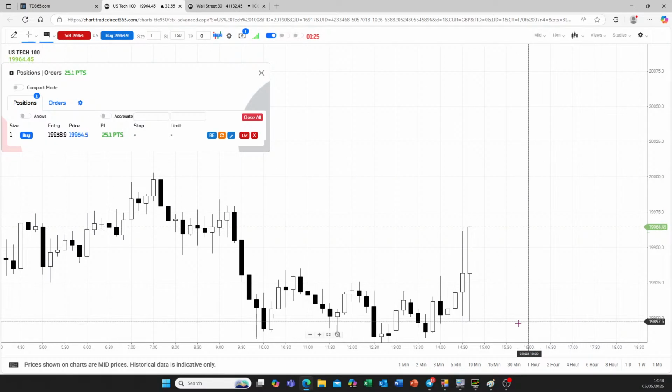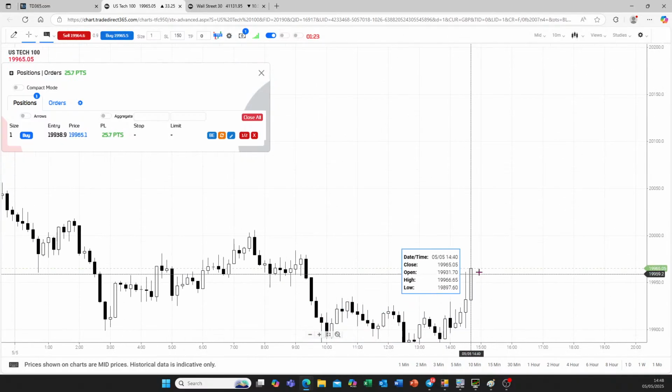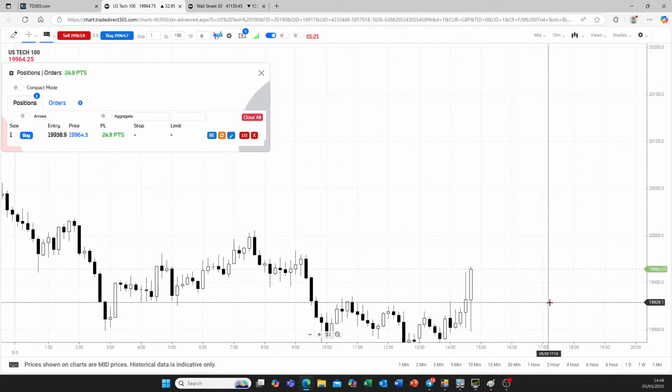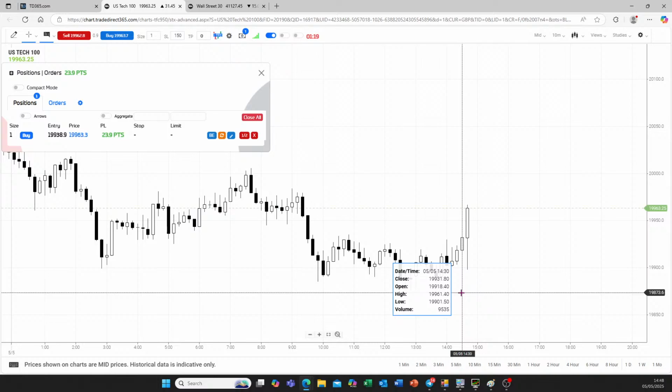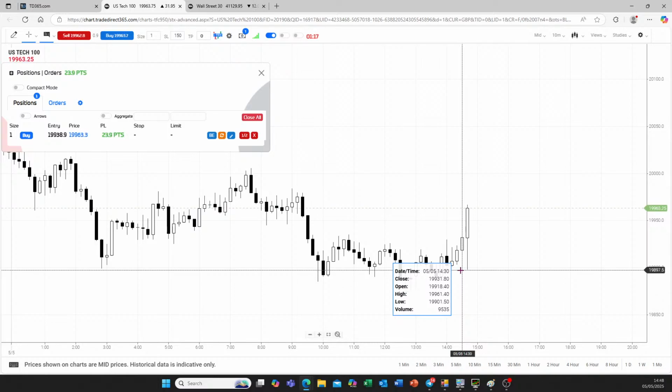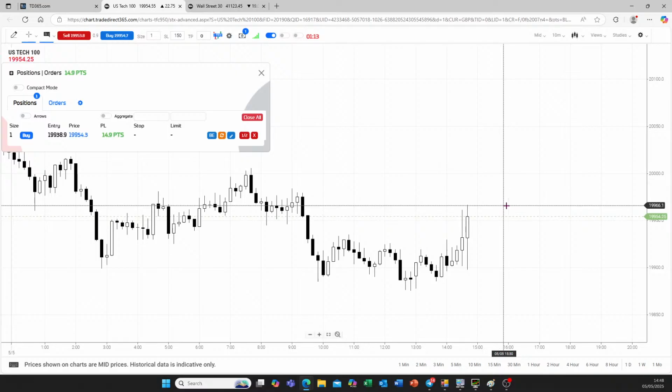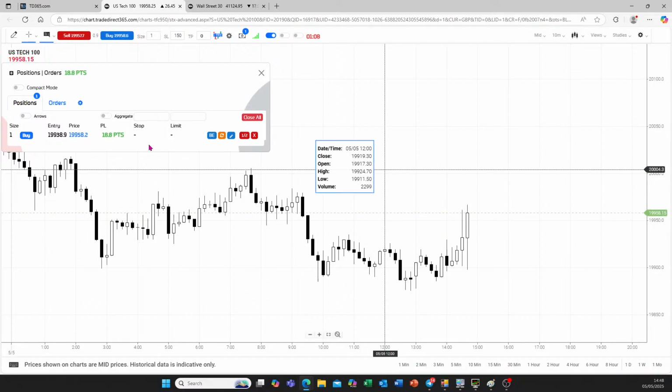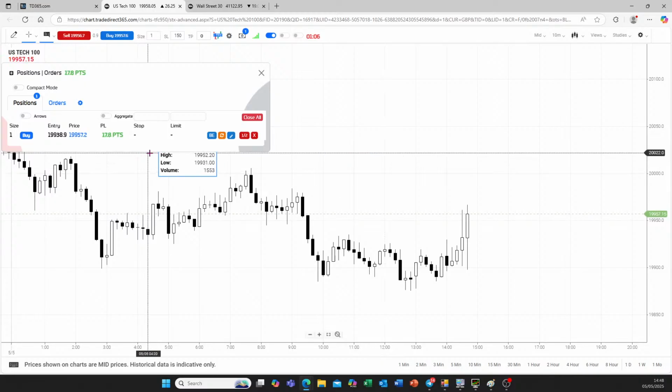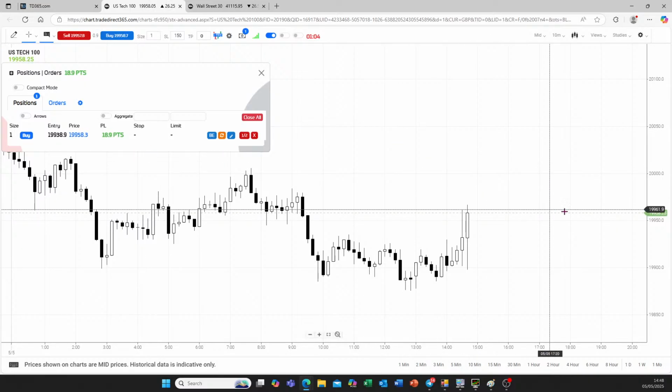So based on this theory of gaps, I would expect the market to not break out from here. So we have a high at 19,961, and I think sellers will come in here. You might think, well, so why am I still long? Just because I'm trying to eke out a swing position.